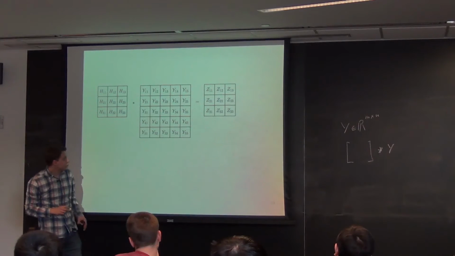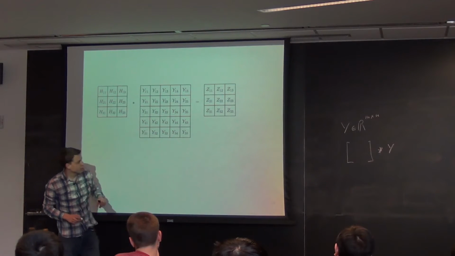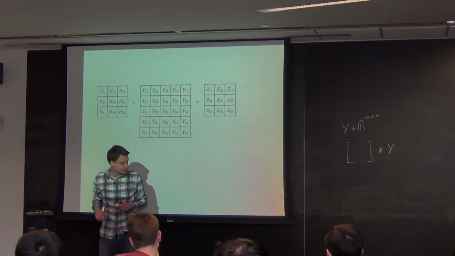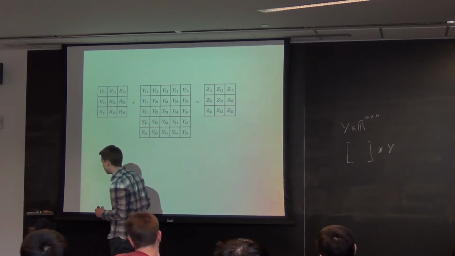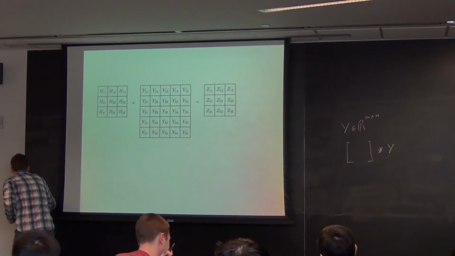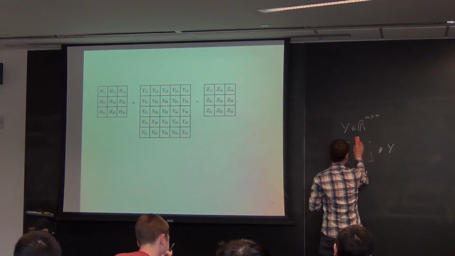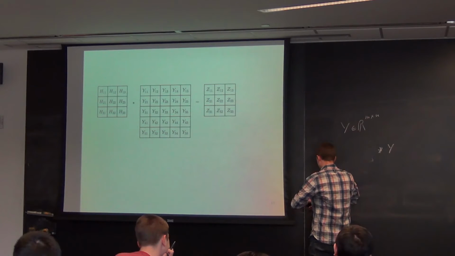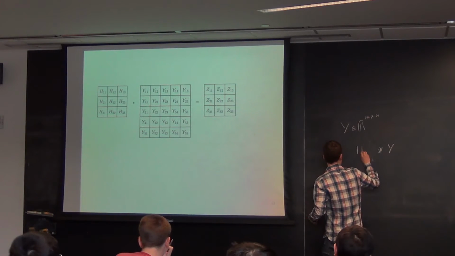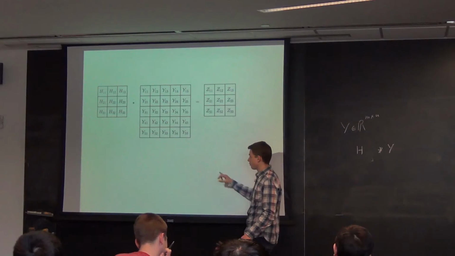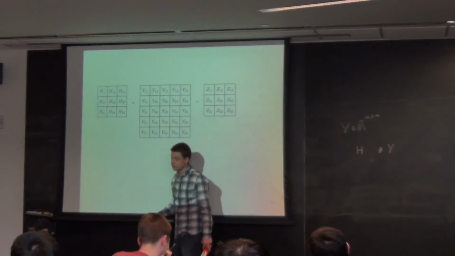What convolutions do here is we have some matrix H, and I'm convolving H with Y. So here I'm writing a matrix H, which in this case is 3 by 3, convolved with a matrix Y, which in this case is 5 by 5.